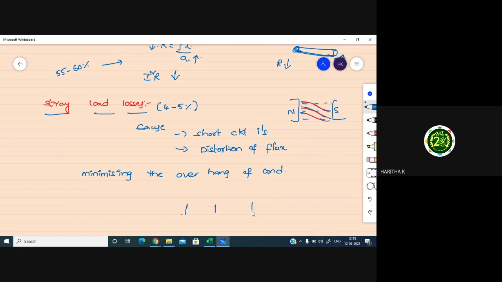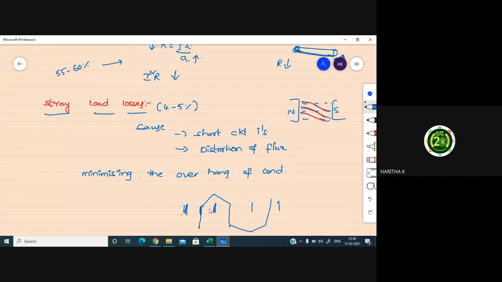Suppose you have slots like this, the conductor I take from here and place in this slot. Next, I place in this slot. Like this, I am winding the conductor in the armature. So this is the slot. In between these, we have the conductor.